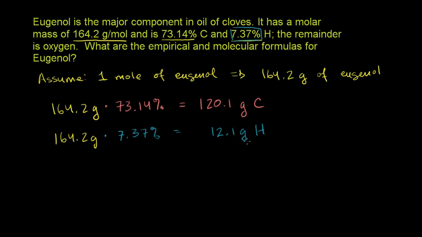Now they don't give us explicitly the percent composition of oxygen, but we could figure it out fairly easily because we know everything left over is oxygen. We could take the mass of hydrogen and the mass of carbon, subtract them both from 164.2, and whatever is left over will be oxygen. Or we could figure out the percentage that's oxygen, because these all have to add up to 100%, and then multiply. Either way would work.